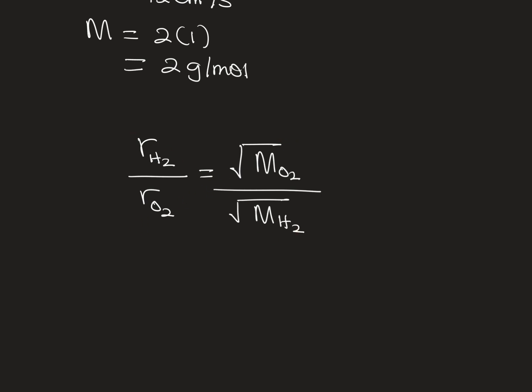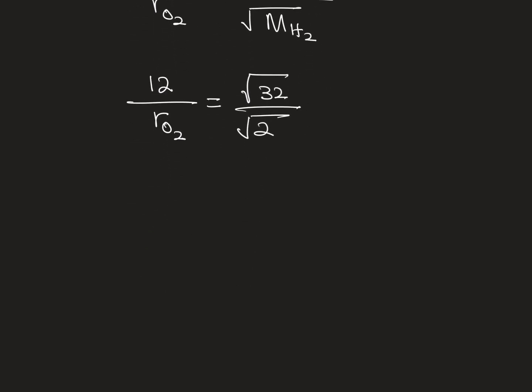All right. So what is the rate of diffusion of hydrogen gas? We calculated that as 12 centimeter cube per second, divided by the rate of diffusion of oxygen gas, which we are trying to find. This is equal to the square root of the molar mass of oxygen gas, calculated as 32, divided by the square root of the molar mass of hydrogen gas, which is 2.